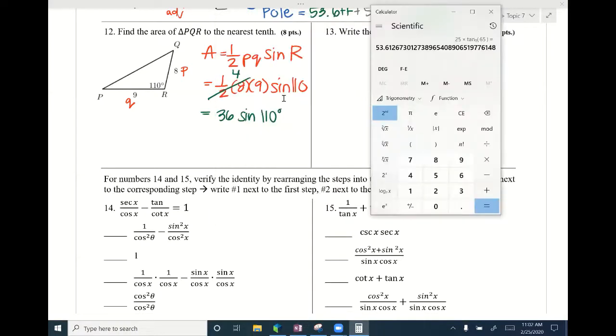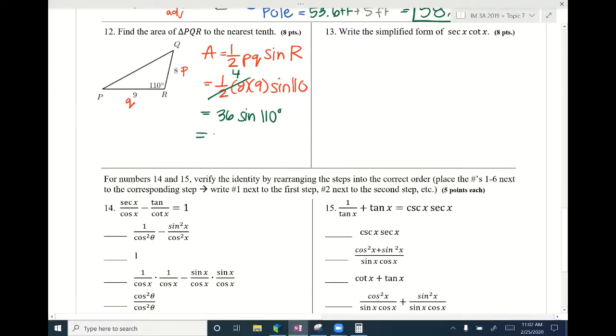So that means that I would have 36 times sine of 110. And so that gives me 33.8. They didn't give us units, so I need to write units squared. So 33.8 square units.